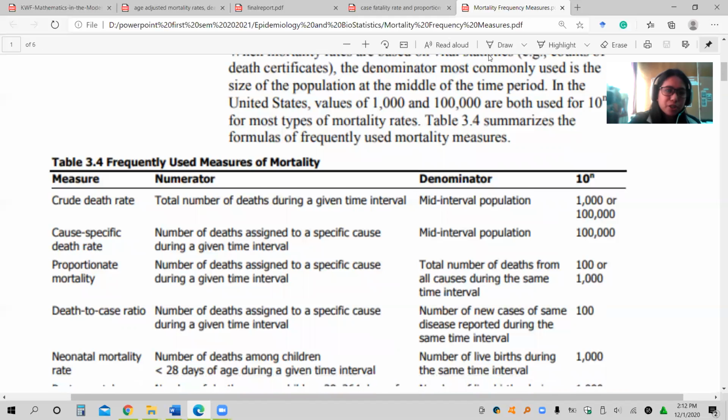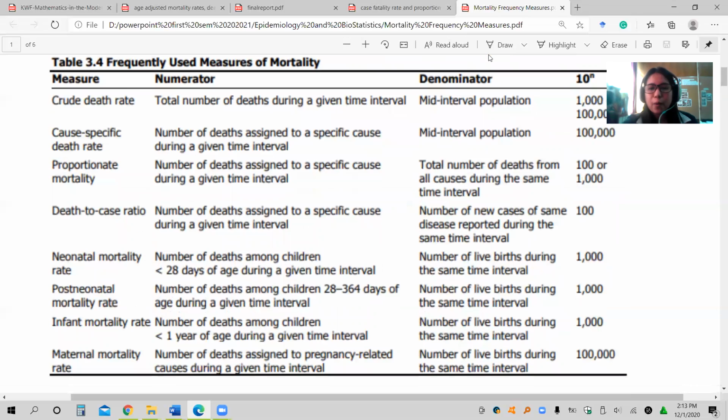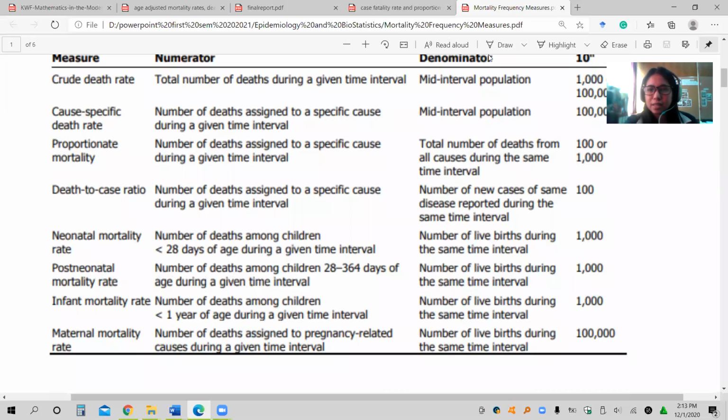So for proportionate mortality, what you need is the number of deaths assigned to a specific cause during a given interval over the total number of deaths from all causes during the same time interval. For the death to case rate, this is the number of deaths assigned to a specific cause during a given interval over the number of new cases of the same disease reported during the same interval.